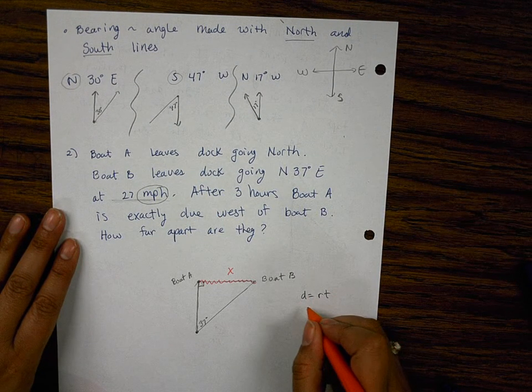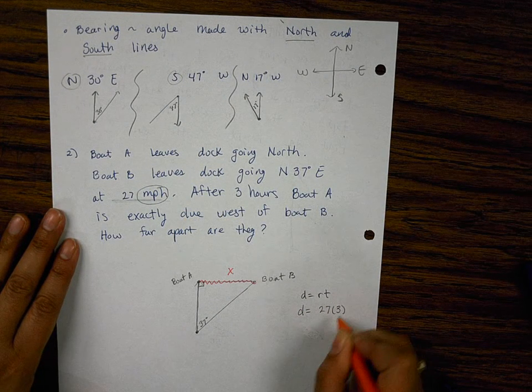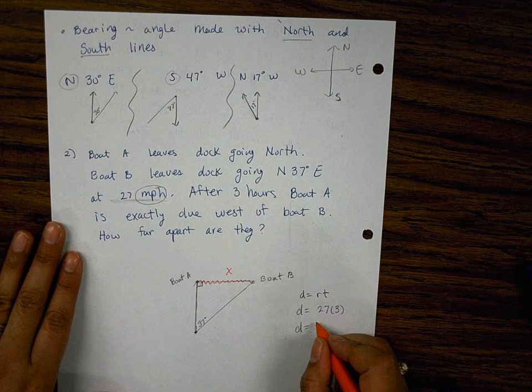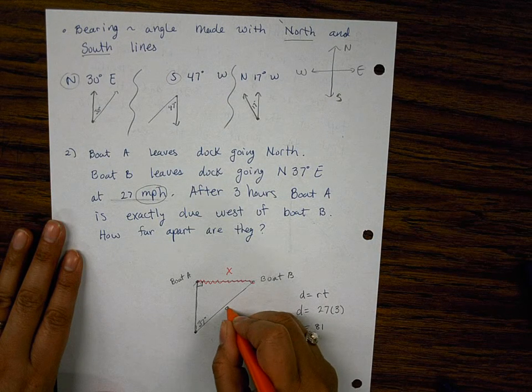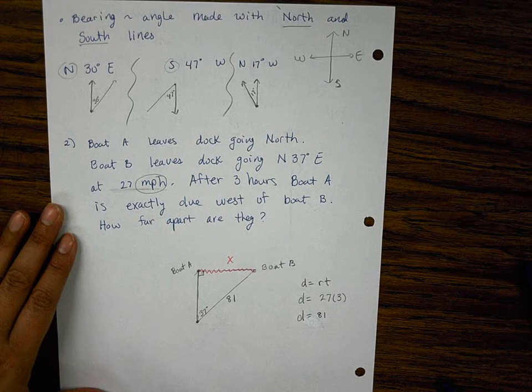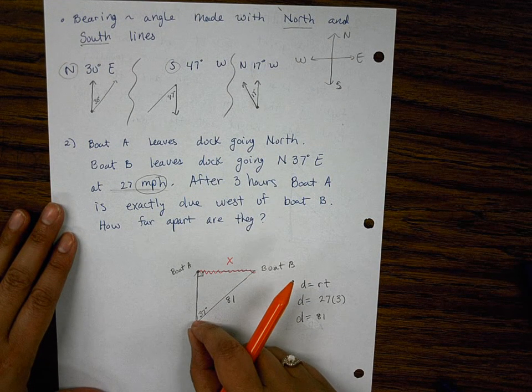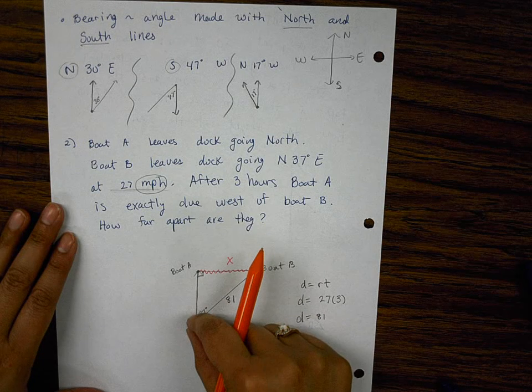So if they're traveling 27 miles per hour, how far are they after 3 hours? 27 times 3. So the distance is 81. So 81 is the number that I put there, 81 miles. After 3 hours, boat B is 81 miles from the port.